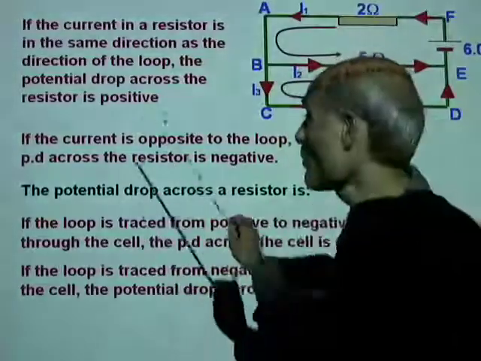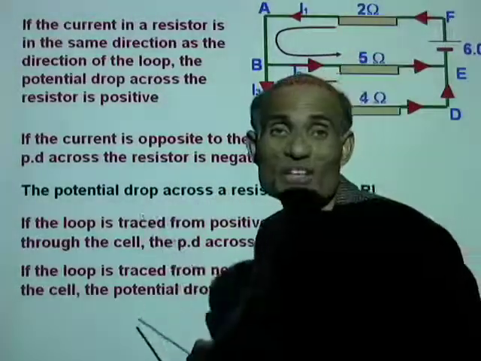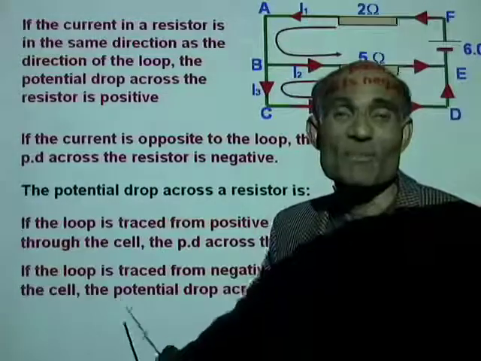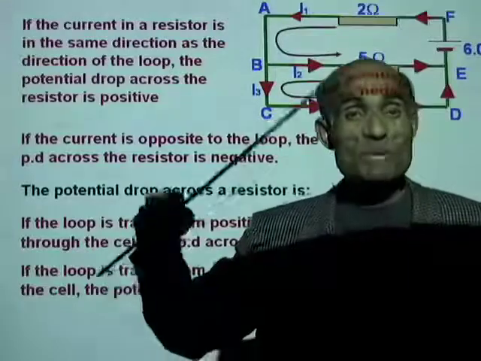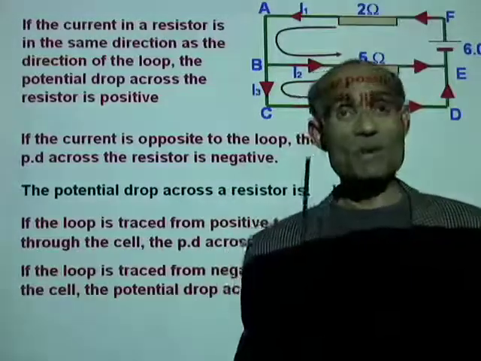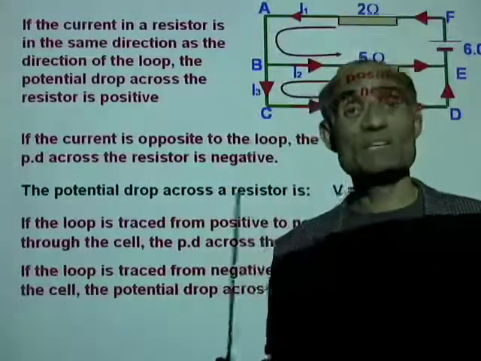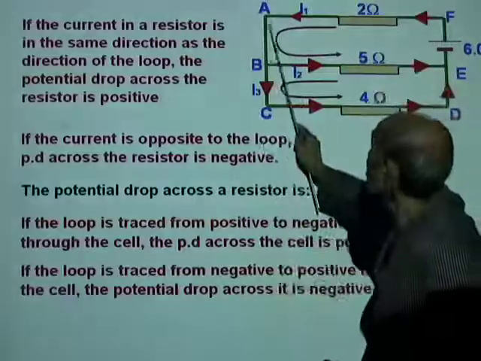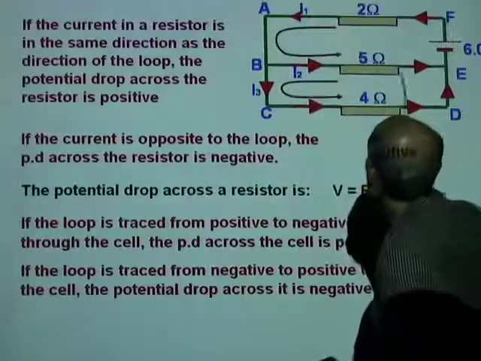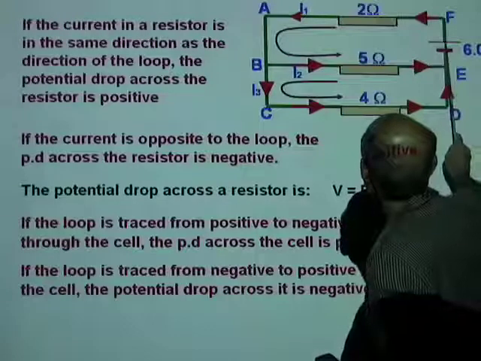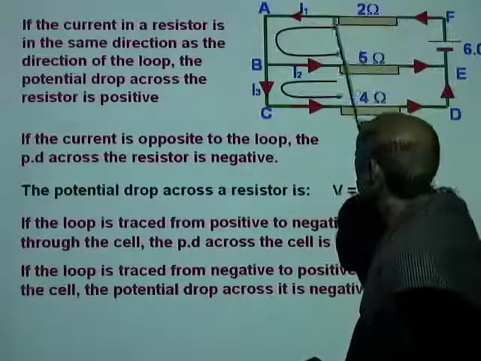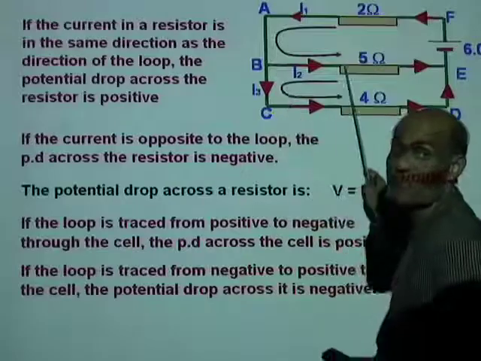Now, before you move on, you need to understand the sign convention. Then only you move on. So stay here and watch it maybe a couple more times to understand the sign convention. The direction of tracing of the loop, if it goes from negative to positive, the potential drop across the cell is negative.